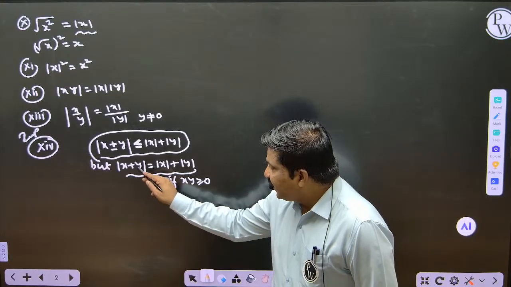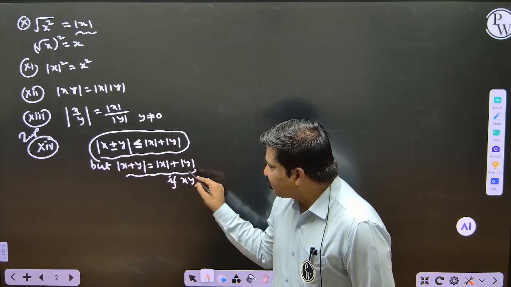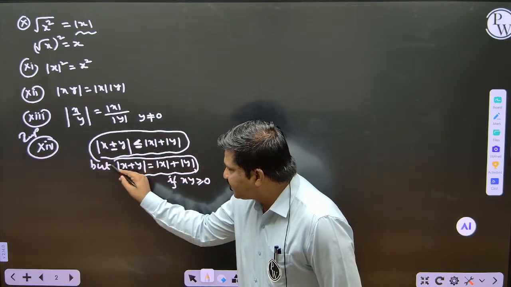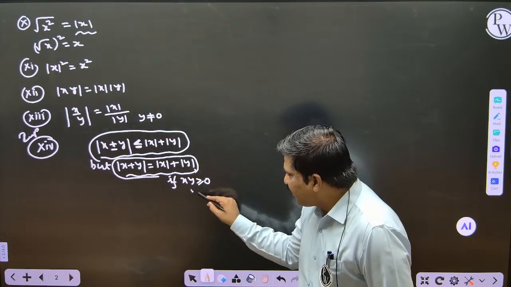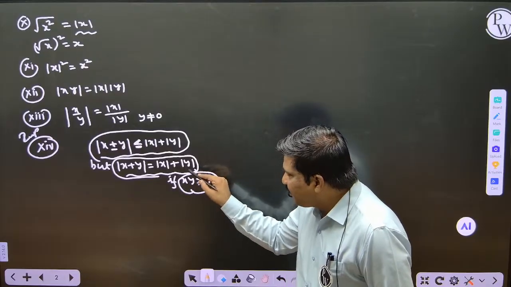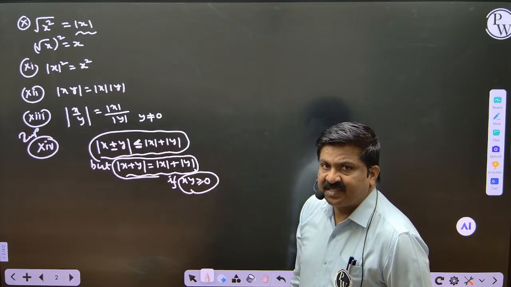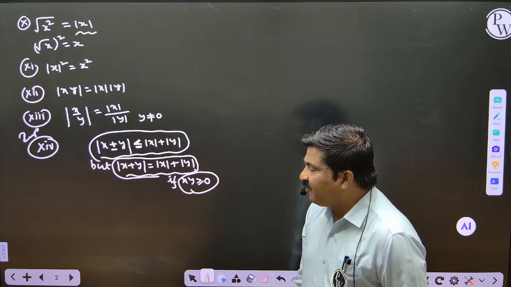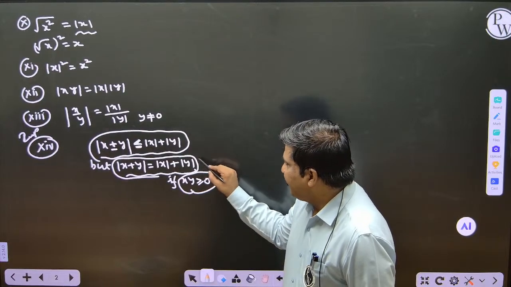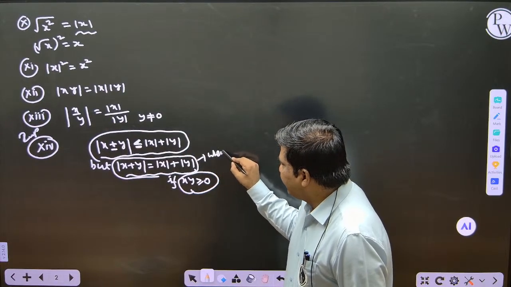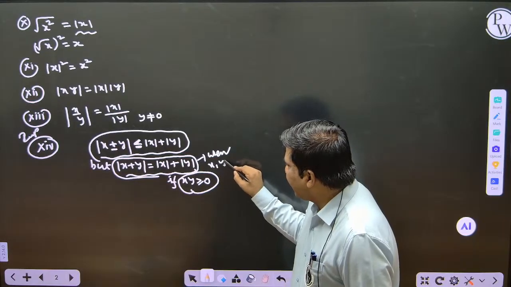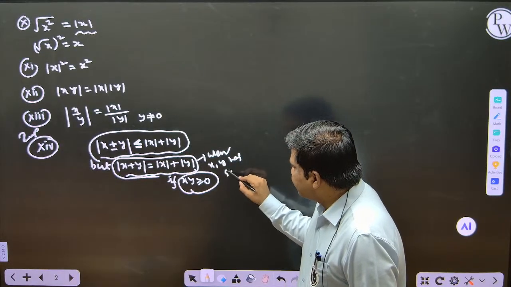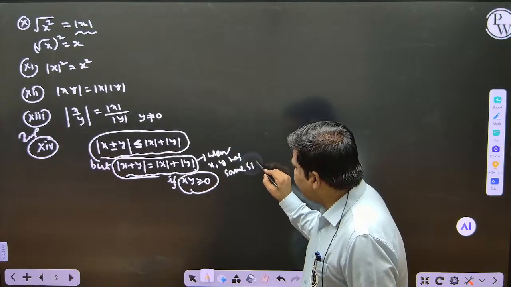Modulus of x plus y is equal to mod x plus mod y. This is possible when x comma y have which sign? Same sign. It holds when x comma y have the same sign. How can you remember this one?